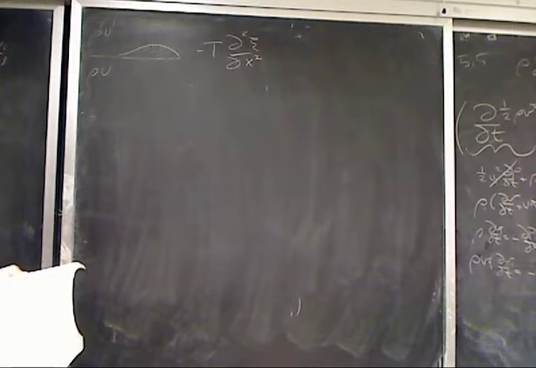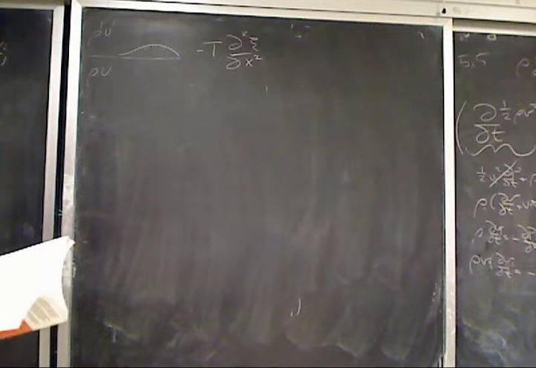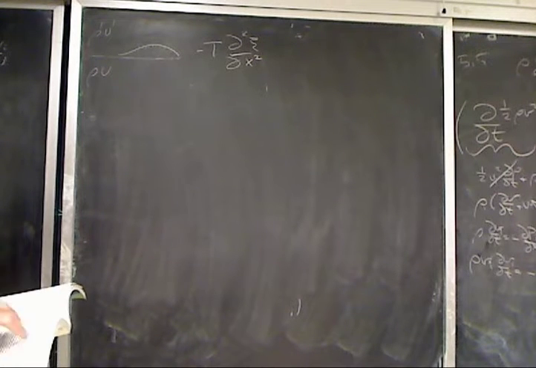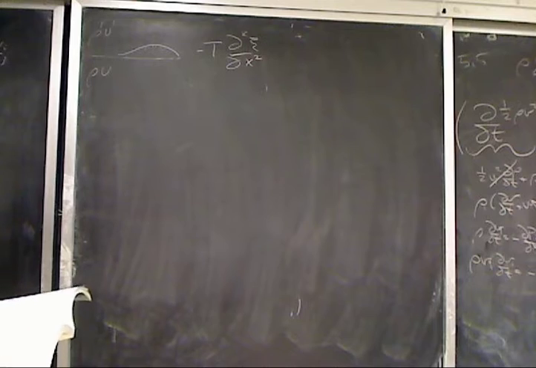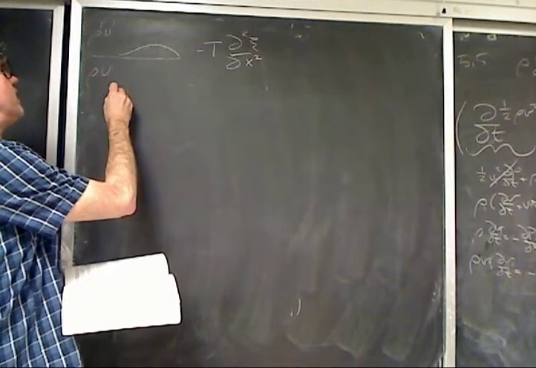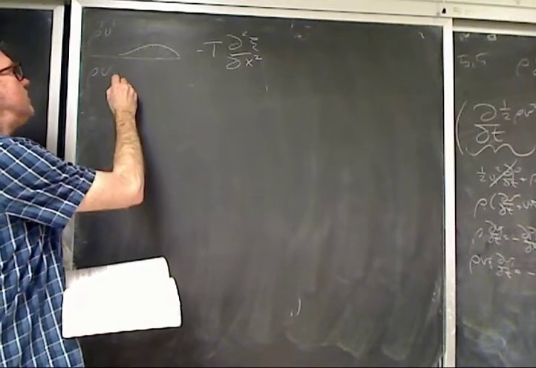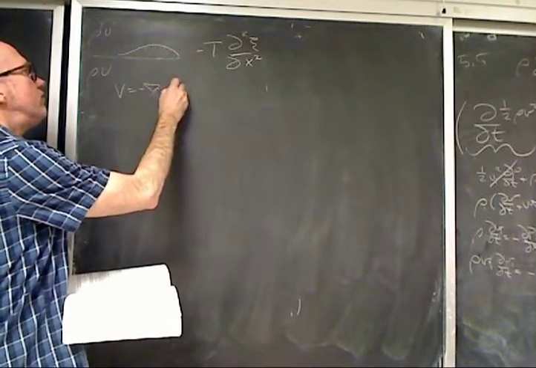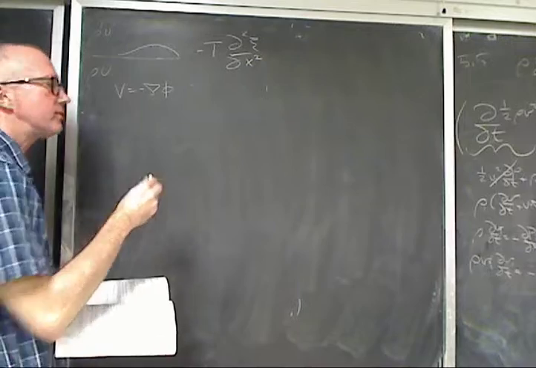So you go through, okay, so what we do, we say that v is minus grad phi. We have some potential flow.